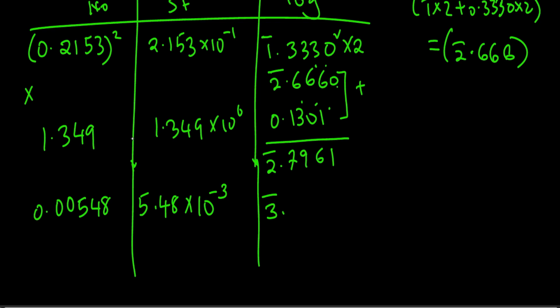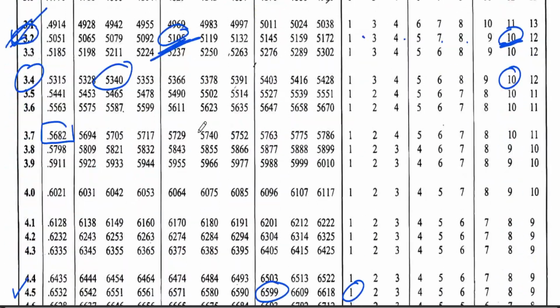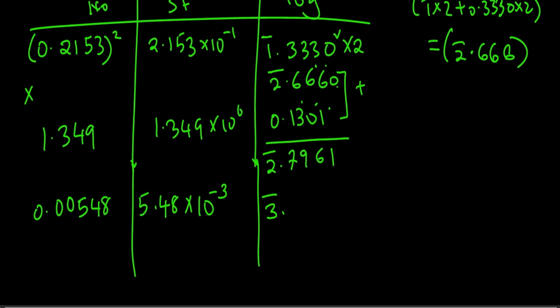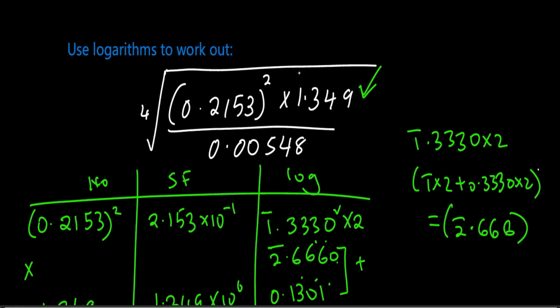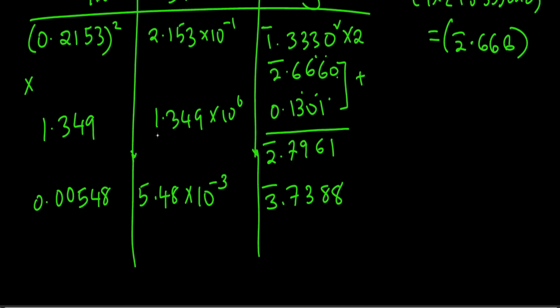So let's start with the log for 5.48. 5.4 and 8 is going to be 7388. Now the answer that you got after adding and the answer that you got for the one below, you subtract them.